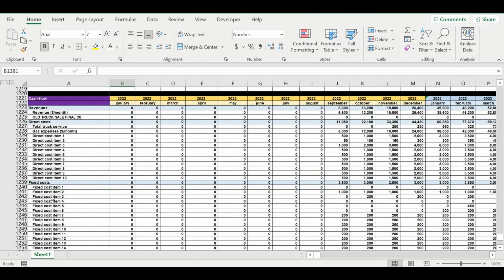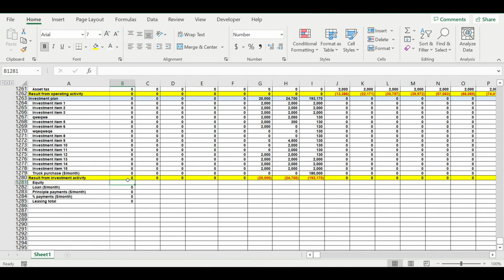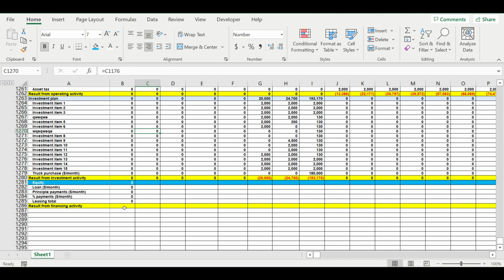So this will be the result from investing activity. Maybe this will be the only line for inputs. So we take equity plus loan minus principal payments minus interest minus leasing.